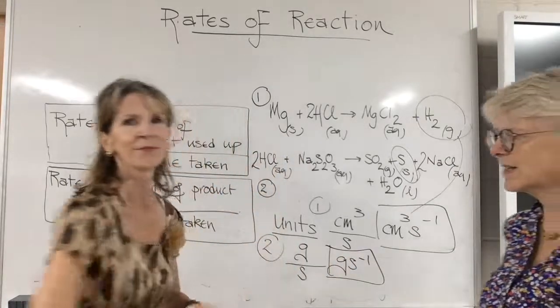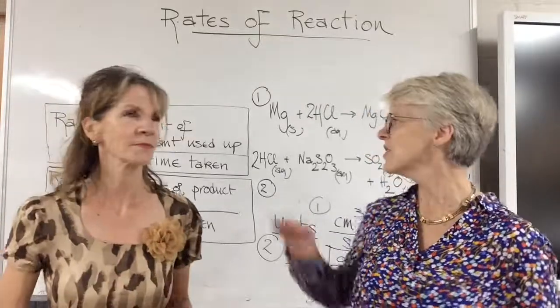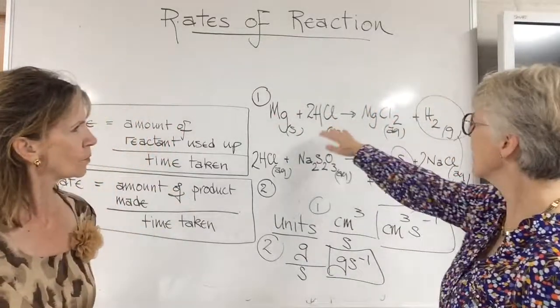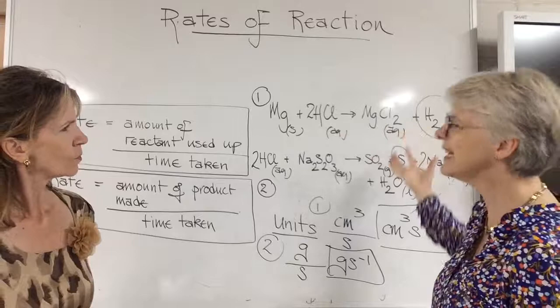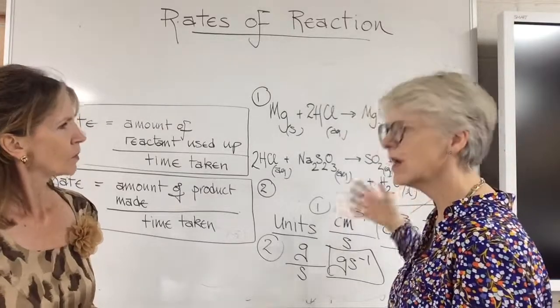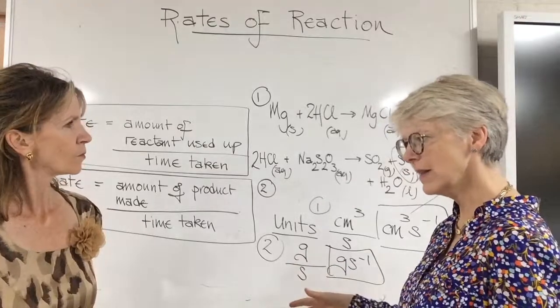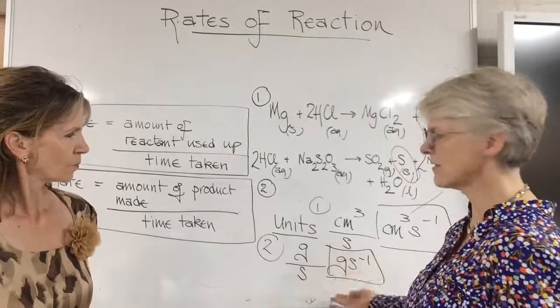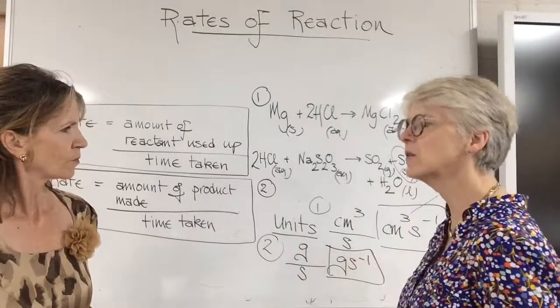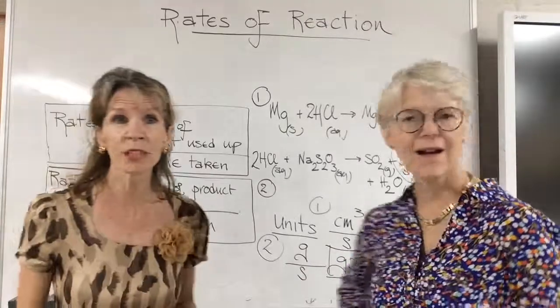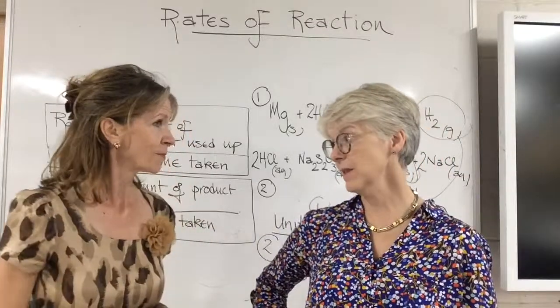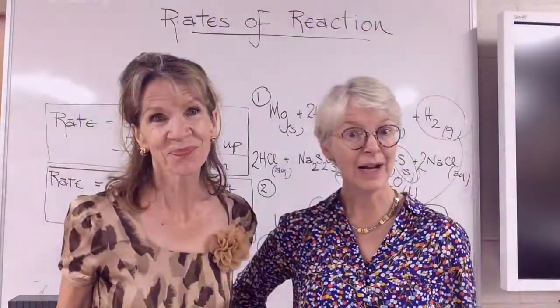I think that's fantastic, Miss McLaren. You look at which of the reactants or products would be the easiest to measure over the course of the reaction, and you time it, and then it's just mass or volume, whichever you've done, per unit time. That's right. I didn't realise rates was so easy. I think our time's up, Miss McLaren. So do I, sadly. Bye.